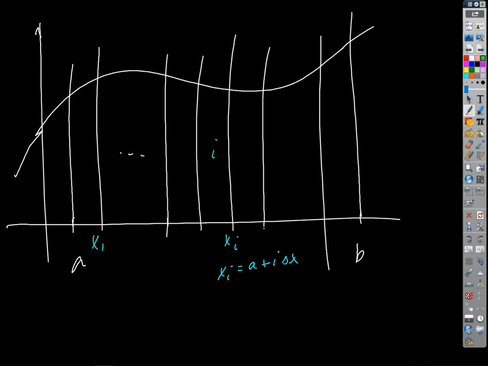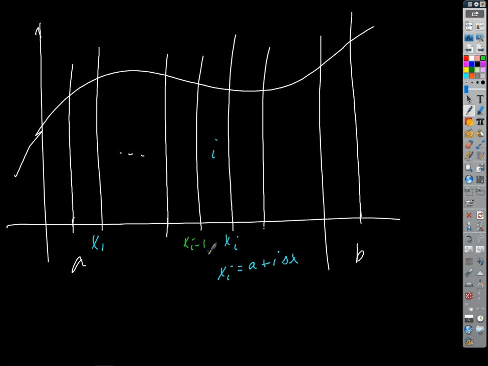So now ours are flipped this way, right? They're flipped vertically, but if we're looking at the ith subinterval, let's identify what these heights are. The left edge is going to be x sub i minus 1, and this is x sub i.